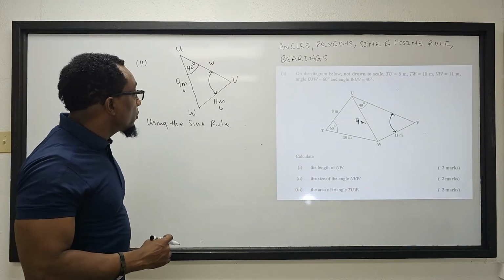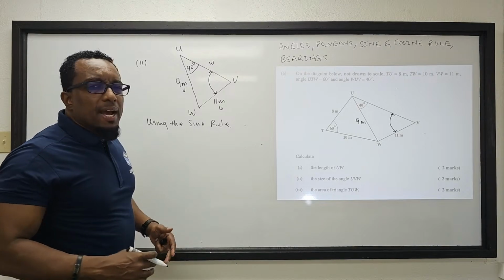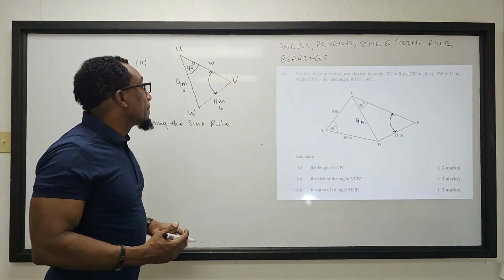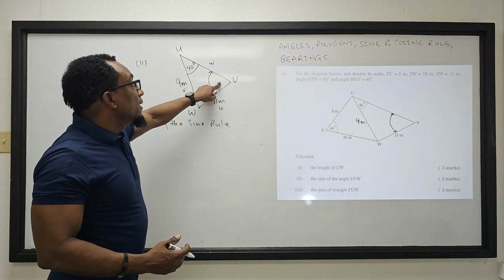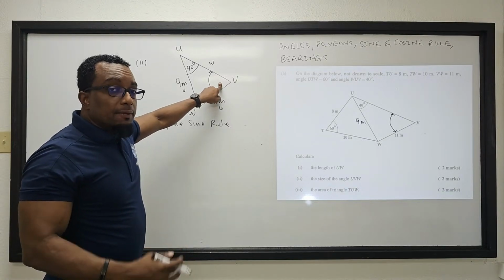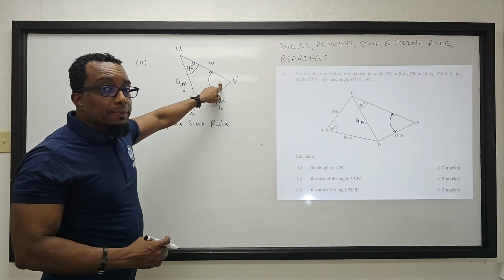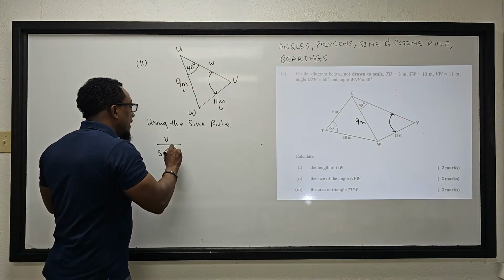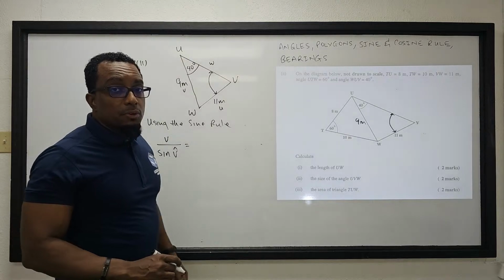I always advise students that the first ratio or fraction should have the unknown quantity. The unknown quantity is the angle they want to find, at V. So let the first ratio involve everything with V, which will be lowercase v over sine the angle at V. That's the first ratio.